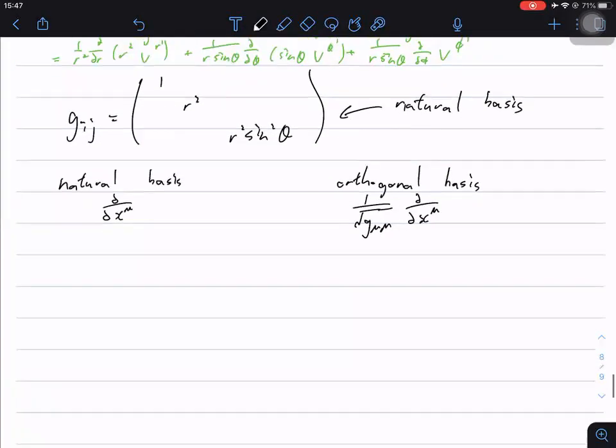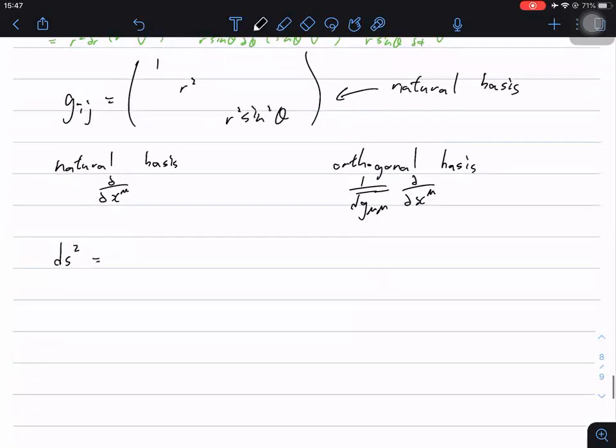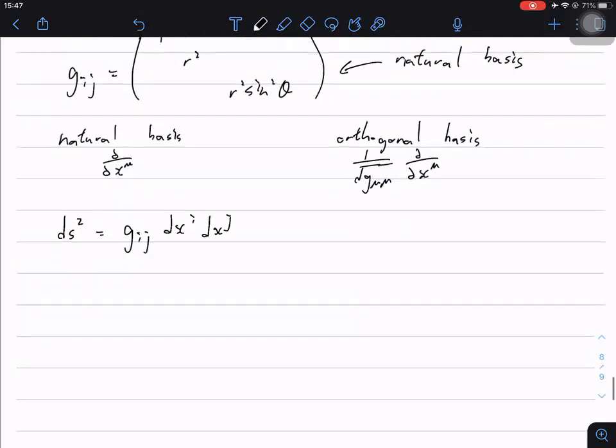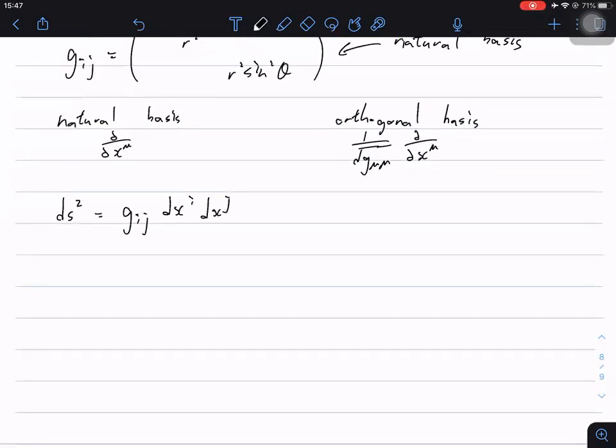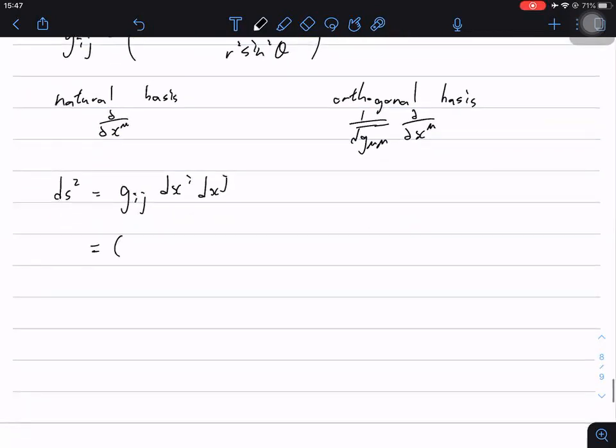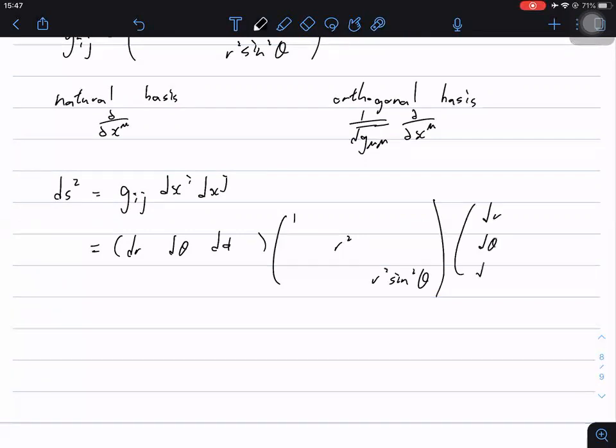The reason for this is that, in natural basis, the line element we have is something like this, right? So in matrix form, for example, in spherical coordinate, it's something like this: dr, d theta, d phi, metric here, and finally dr, d theta, d phi.